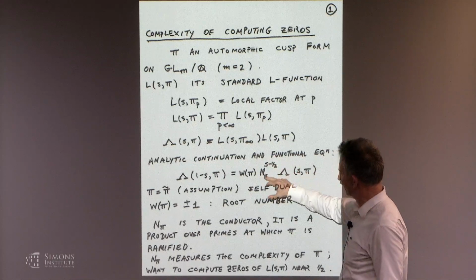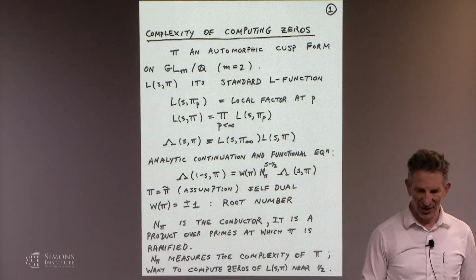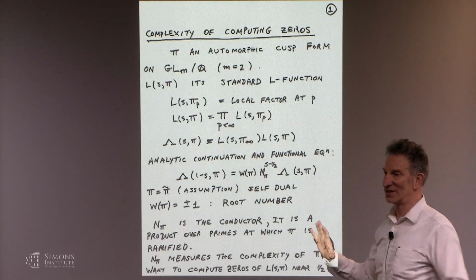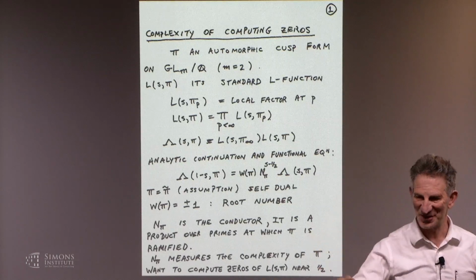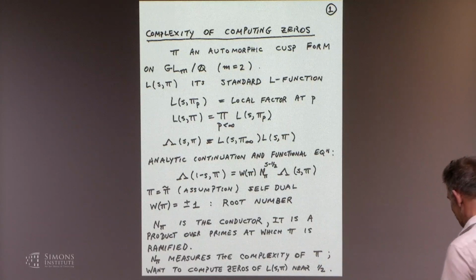And there's a conductor, which I called square root of t there, called N of pi. When you have an object like this, and I'm going to explicate one in a minute, so don't panic, this conductor is measuring ramification. This whole problem that I'm interested in is to try and understand the complexity of ramification. I'll be assuming anything I want, specifically the Riemann hypothesis, or any other conjectures.